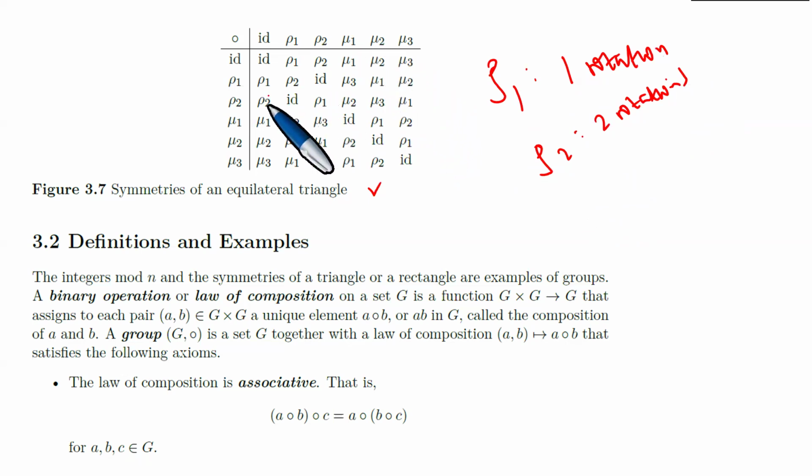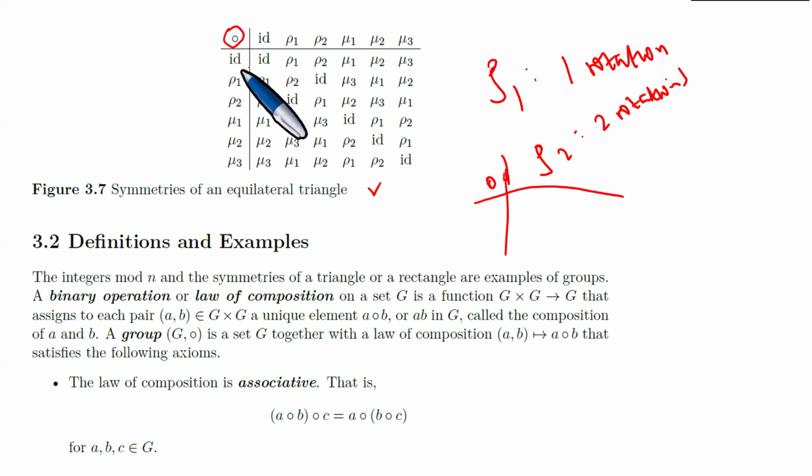So we put them on the horizontal and then on the vertical. Now, if we do the composition, the Cayley table, there's a part where we're going to discuss and prove some general results about Cayley tables. But now we'll do the Cayley table for the symmetries of a triangle. The composition of the identity with identity is identity.